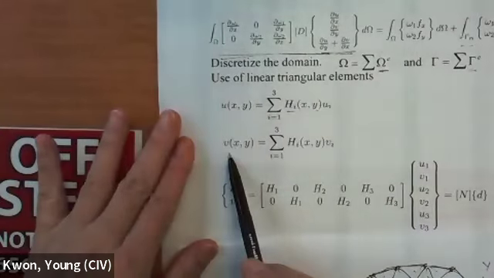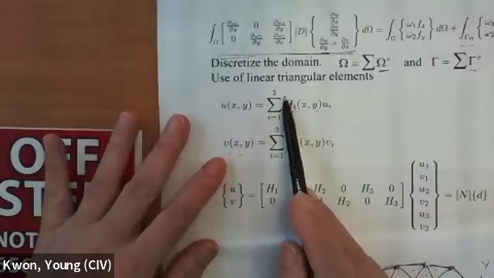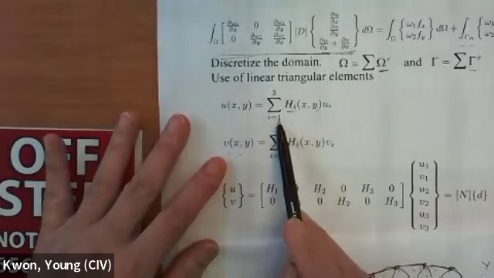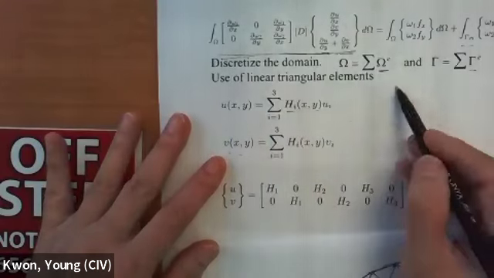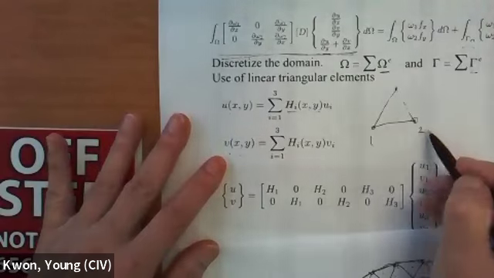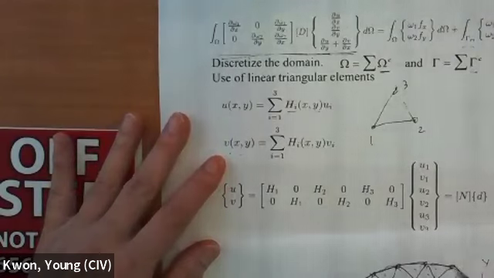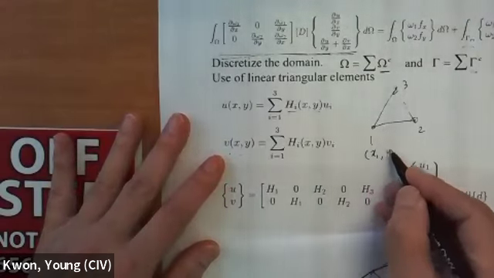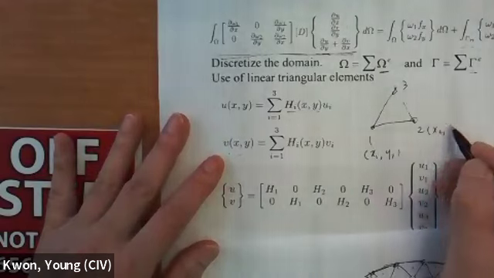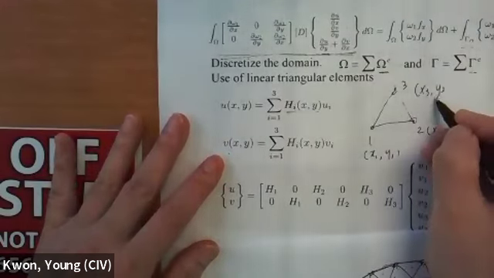So U and V in the XY 2D coordinate system are going to be interpolated with Hi, where i is 1, 2, 3 for the linear triangular element. This project uses the linear triangular element, with nodal coordinates x1, y1, x2, y2, and x3, y3.